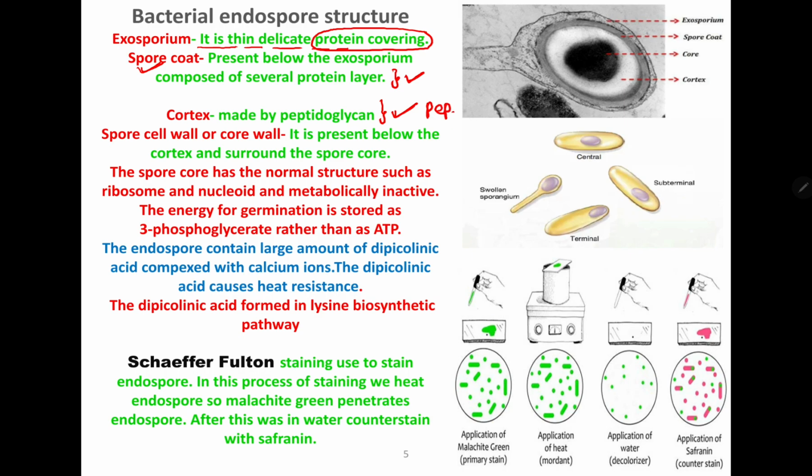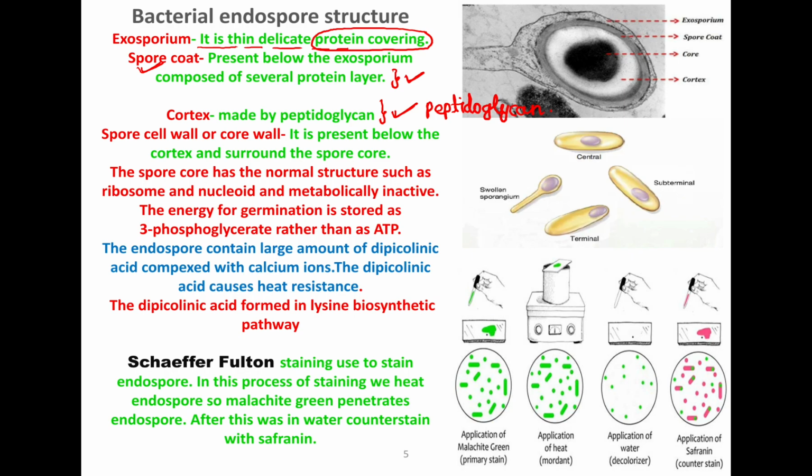If you remember, peptidoglycan is the substance forming the cell wall of bacteria. The cortex is a thick layer, and it is very sensitive to lysozyme. This sensitivity to lysozyme helps during germination of the spore whenever required.